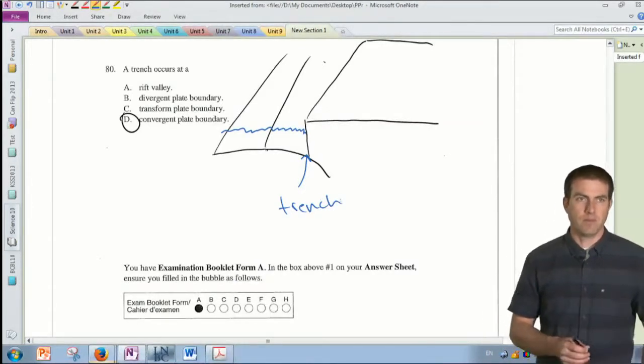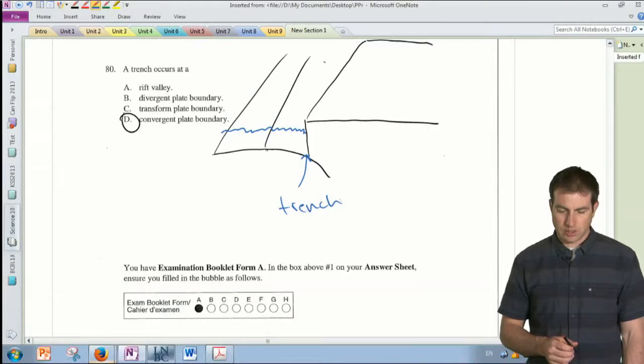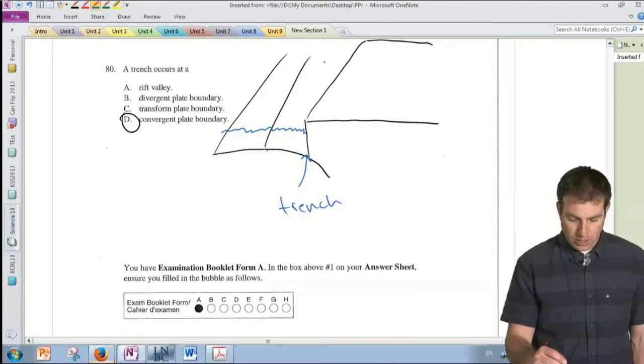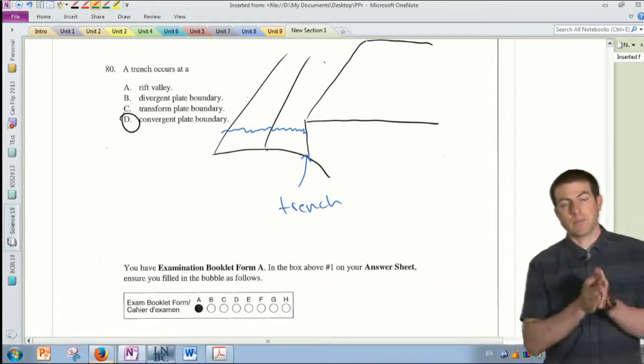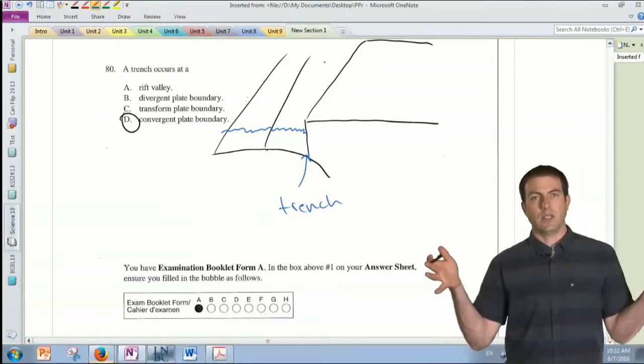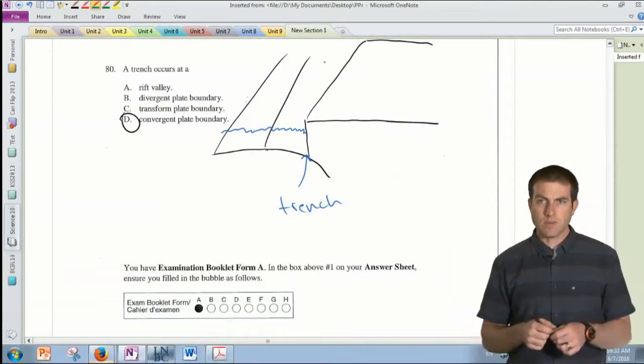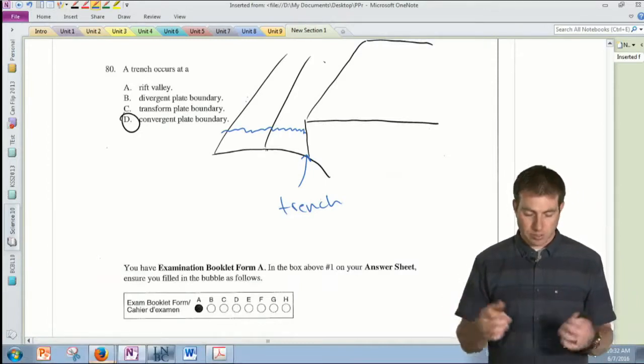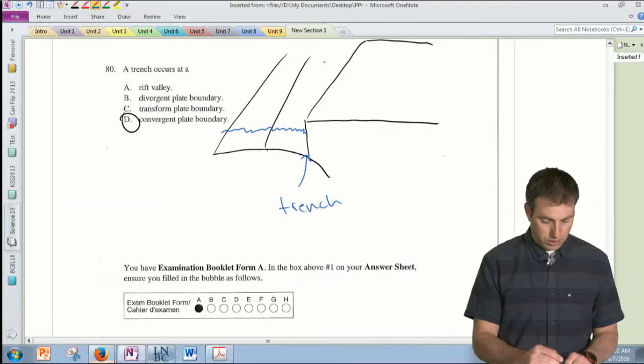Trenches occur at subduction zones, at convergent plate boundaries. At rifts, you don't get trenches. Faults are at transform, ridges at divergent. That's perfect, yeah. All of that is completely correct.